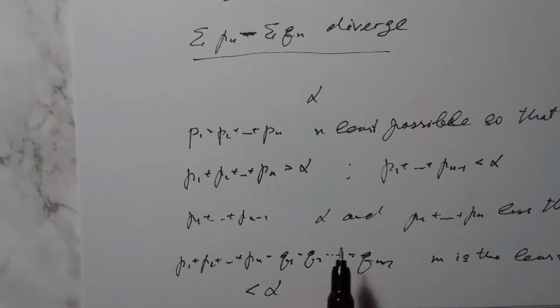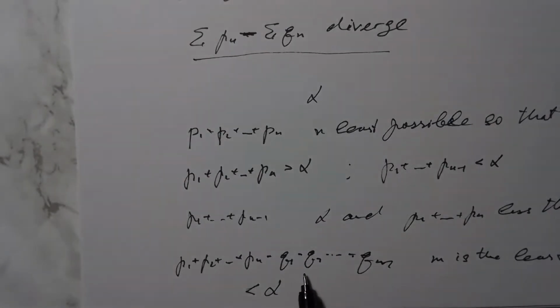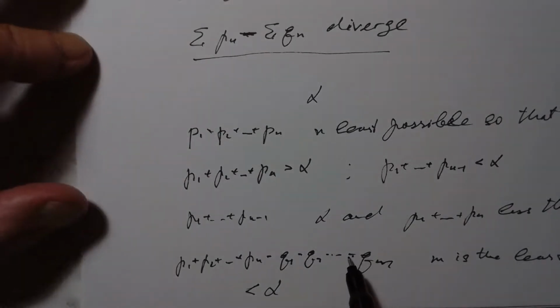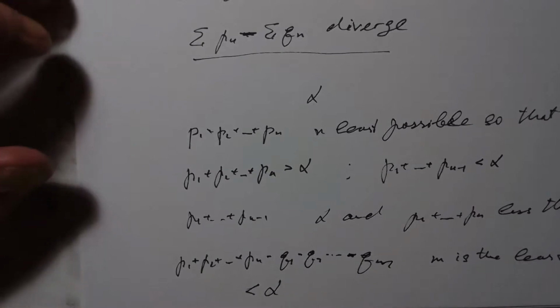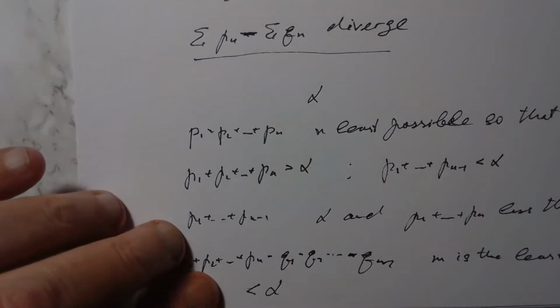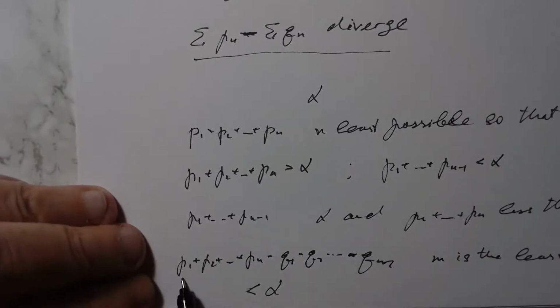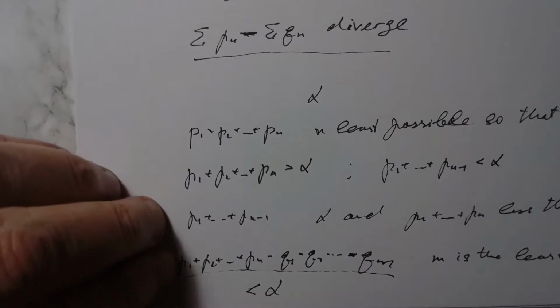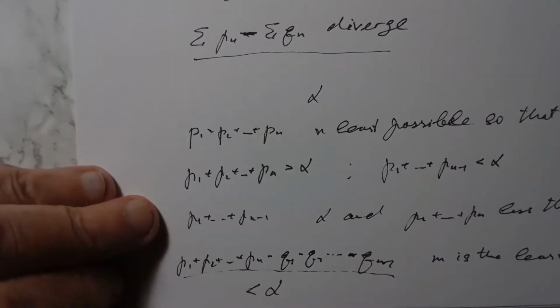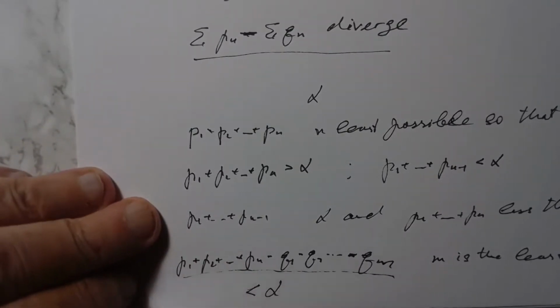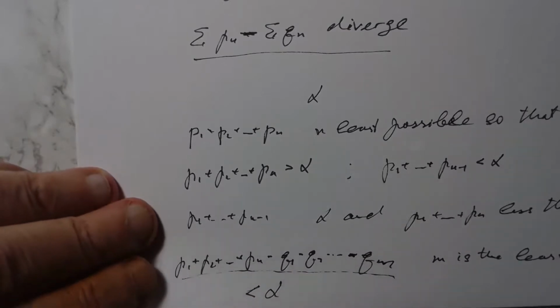Okay, and again, because q's diverge, so the sum of absolute values of q's tends to infinity, it means that if I subtract enough of them, I will get somewhere which is less than alpha. Okay, so this over here is a rearrangement of my series, when I take the first n positive terms first and the first m negative terms next and add them together.